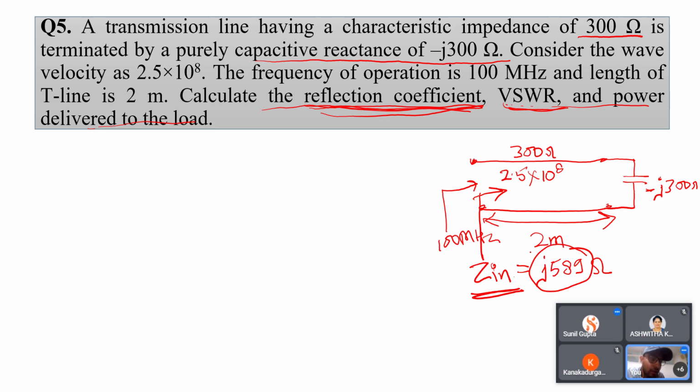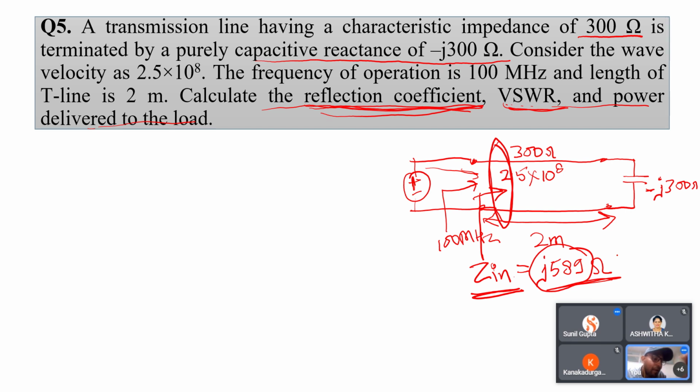This means that if a source is connected here, real power can be delivered to the load only if the input impedance seen by this port is real.